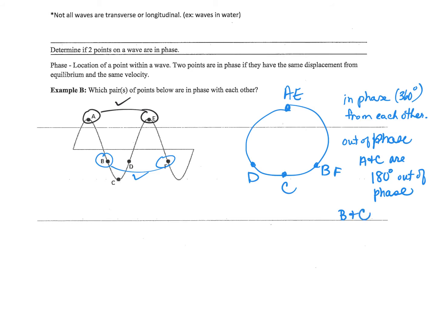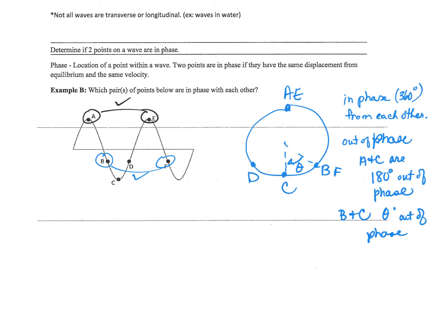We'll have to estimate a little bit, won't we? But how many degrees do we think there is between these two? Let's call it theta. So B and C would be considered theta degrees out of phase. We could estimate and say it's maybe like 50, 60 degrees. If it gave us an exact, we could say what it was, right?